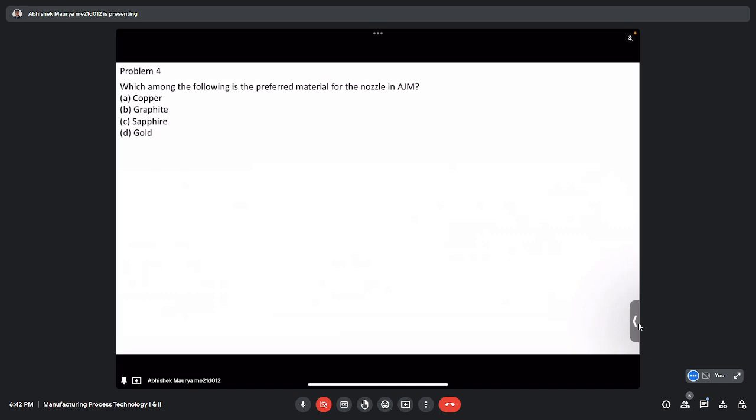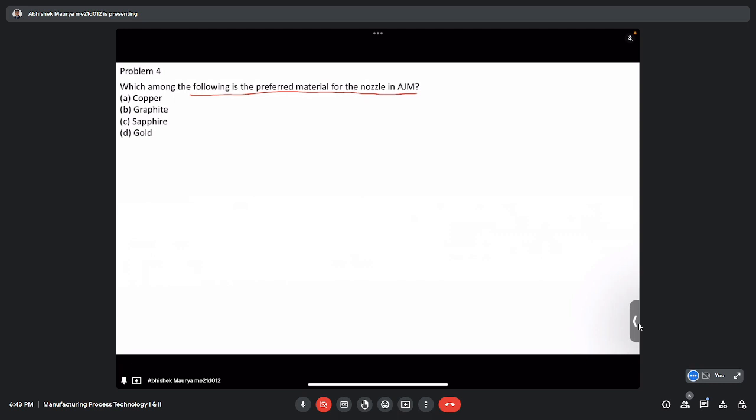So it has been asked, which among the following is the preferred material for the nozzle in abrasive jet machining? As you know, in abrasive jet machining, we have some abrasive particles, and we try to increase their momentum.